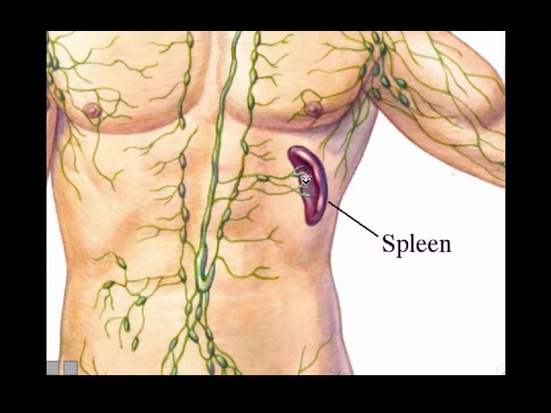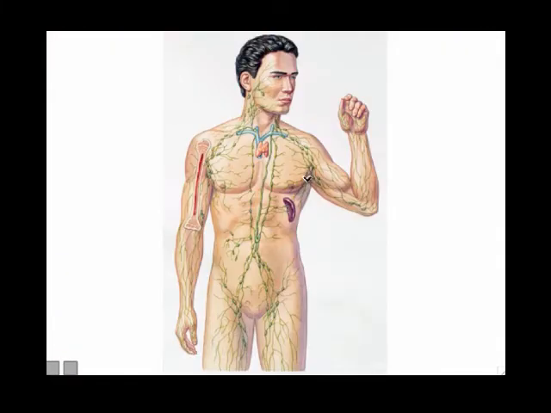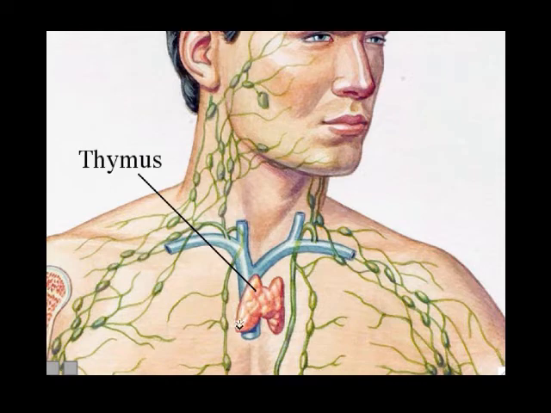And there's one more of these lymphatic organs I want to mention, the thymus. Here it is right here. The thymus is counted as a lymphatic organ, but it's kind of different from the other ones that I've mentioned. The thymus is not really about filtering any fluids.